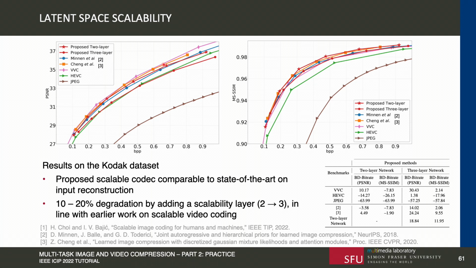If you want to get more precise measurements in terms of the BD bitrate, you can see here when the BD bitrate is measured on this graph, so against PSNR, there are gains obviously against JPEG and HEVC, and even this trainable end-to-end image codec of Minnen and others, but there's loss against Cheng 2020 and VVC.